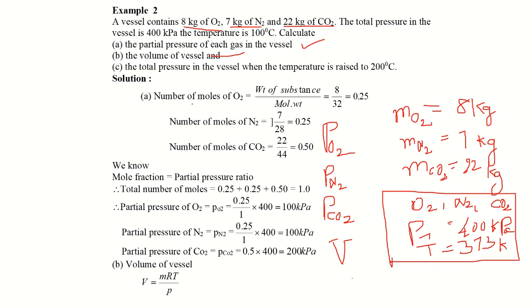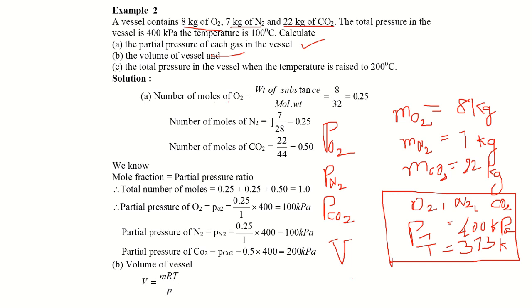For that, how do you find out? First, let us find out the number of moles of oxygen. Number of moles, as I've said earlier, is always the weight of the substance divided by its molecular weight. This I have explained in the previous chapter, the ideal gas chapter.